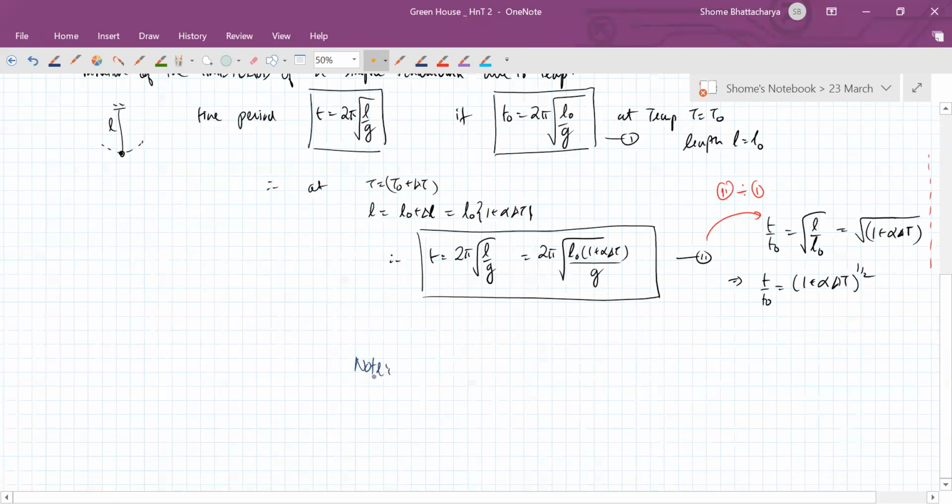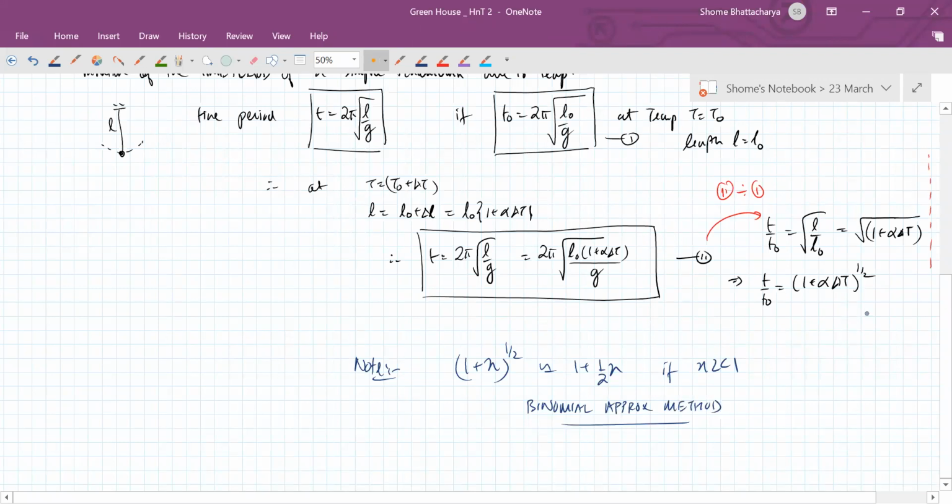So if we have a quantity like this, 1 plus x to the power half, we can approximate it as 1 plus half x if x is very small compared to 1. So this process is called the binomial approximation method. Okay.